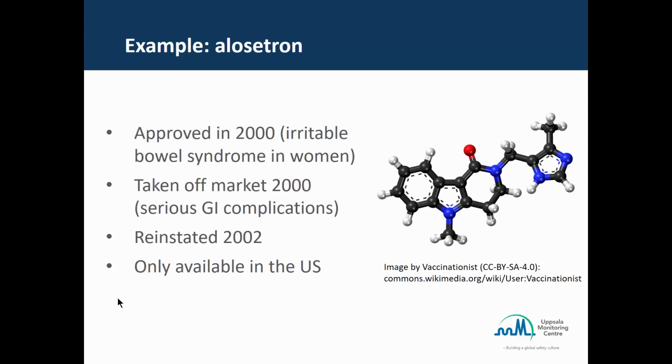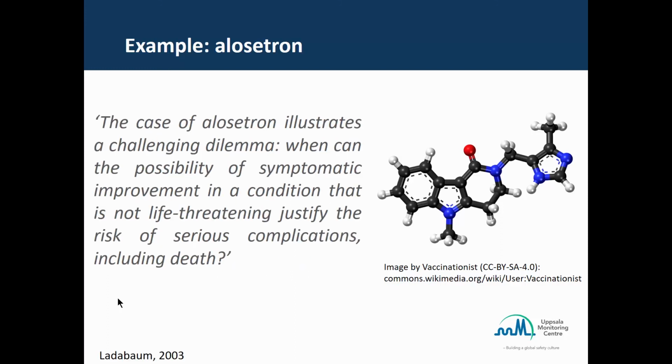And I think all of these different points have made alosetron a very popular example on which to apply various benefit risk assessment methods, because it isn't entirely clear here what is the right call, so to speak.